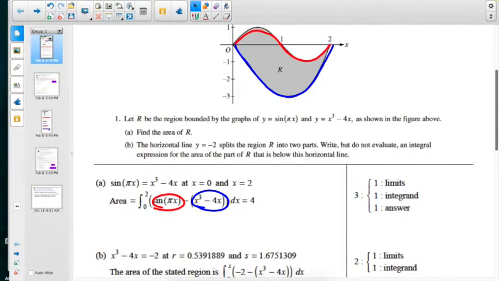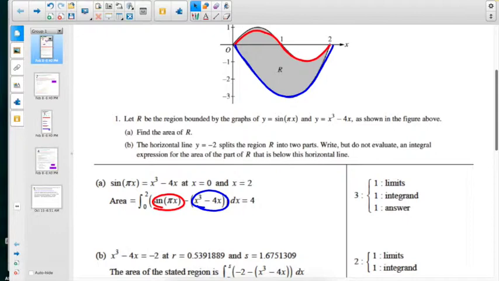So if you notice the grading rubric here, you get a point for appropriate limits, a point for the appropriate integrand, and the appropriate integrand means we have an integral symbol, we have a dx, we have the functions in the right order, and we have all our appropriate brackets, okay? And then a point for the answer.